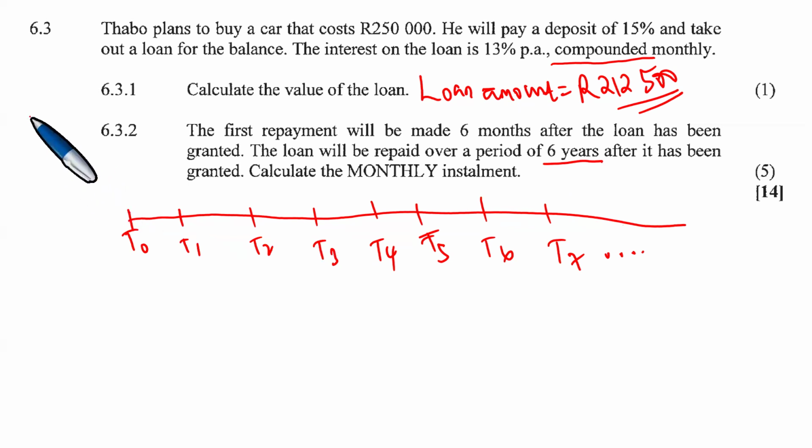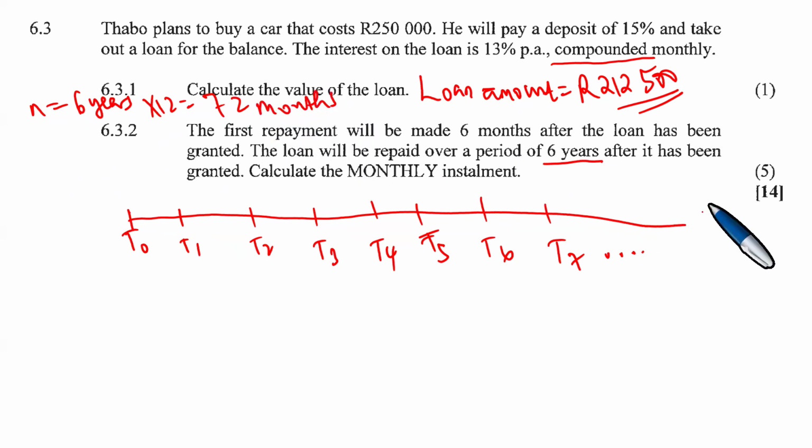So you take n equals 6 years times 12, which is 60 plus 12, 72. 72 months. So you deal with a total of T72 months, because you're dealing with 6 years altogether, every month.